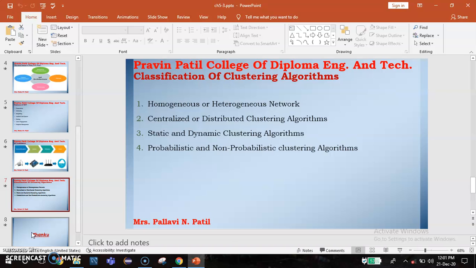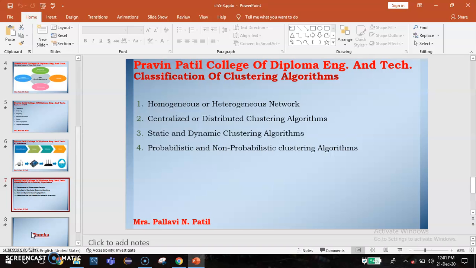The last one is probabilistic and non-probabilistic clustering algorithms. This classification is based on the cluster shape and the parameters that can be used to select the CH. The clustering algorithms are divided into two categories, namely probabilistic and non-probabilistic, meaning random and deterministic. In probabilistic clustering algorithms, an initial probability is determined for each node.